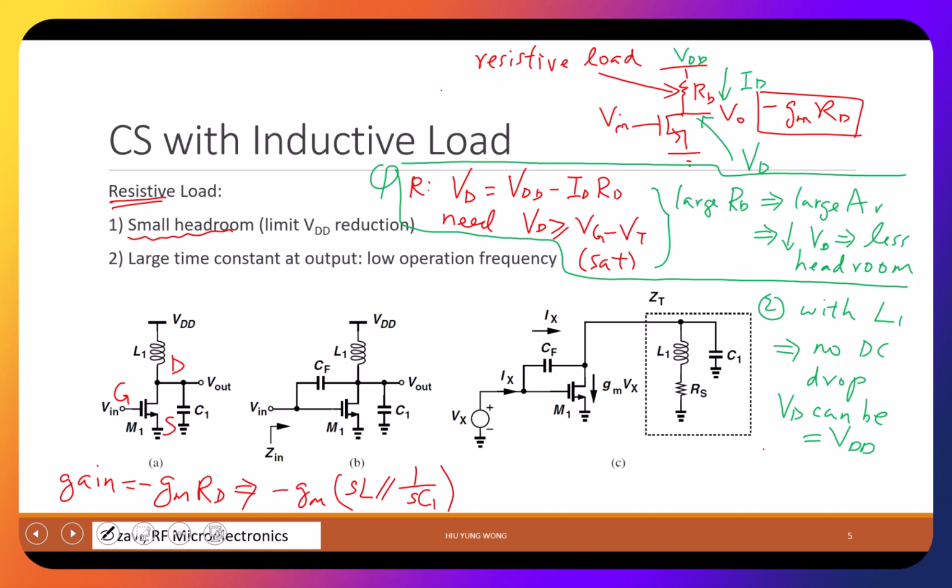Remember I talked about the DC biasing before you apply any AC signal. So if this is at VDD, of course this is in saturation, right? It's impossible to have a resistive load biased at VDD, because if biased at VDD, you don't have any current, ID equals 0. Then your gm is very small.